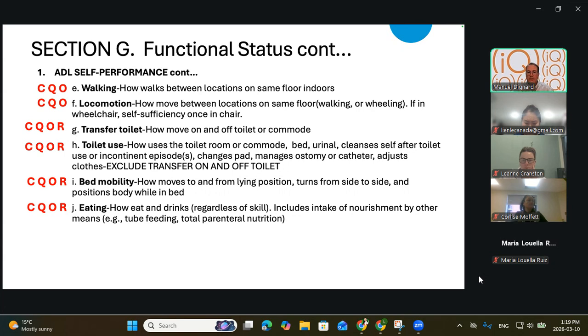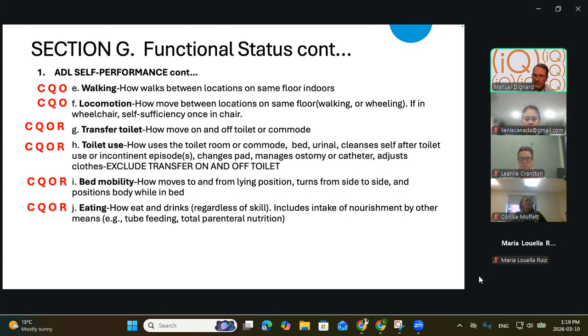So we're going to start with toilet transfer. So toilet transfer replaces transfer. In the CCRS, we had transfer, like transfer bed to chair, chair to table or whatever. Now they're only interested in the transfer to the toilet. So we're assessing how the resident moves on and off the toilet or the commode. Now, this does not include cleaning themselves or managing clothes.